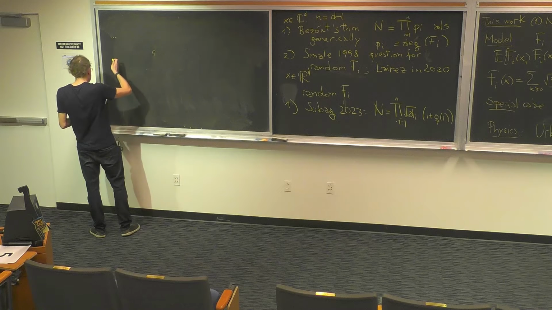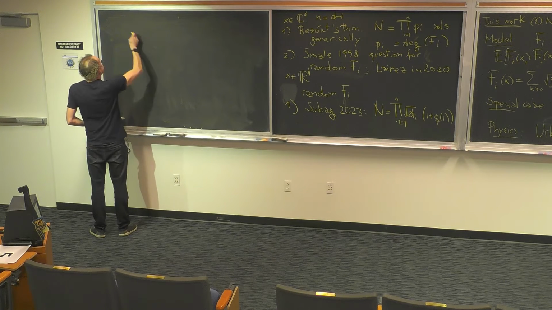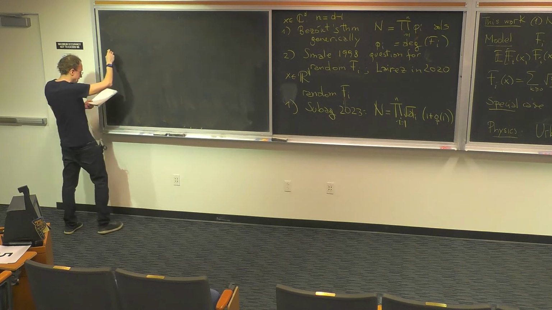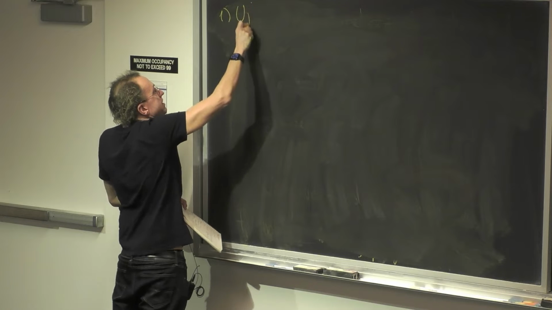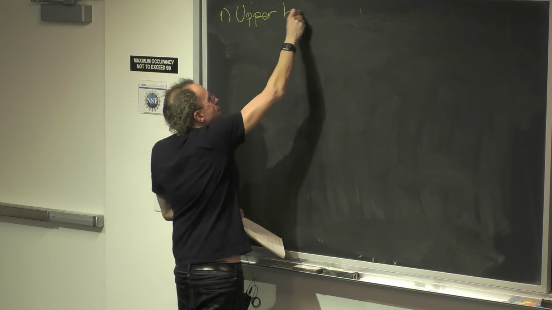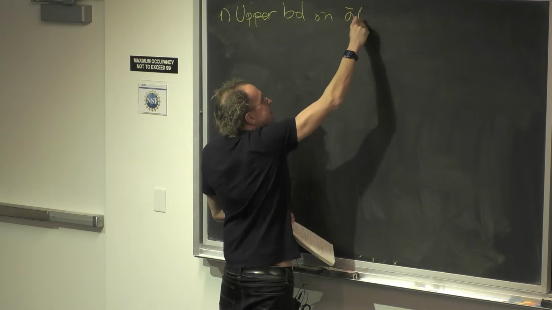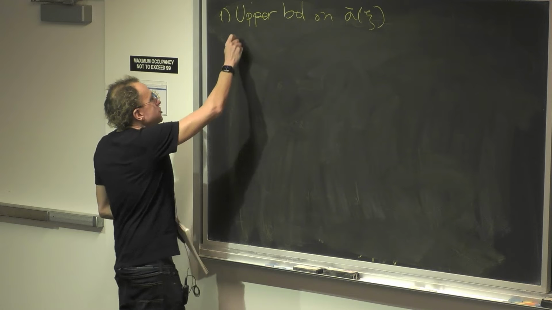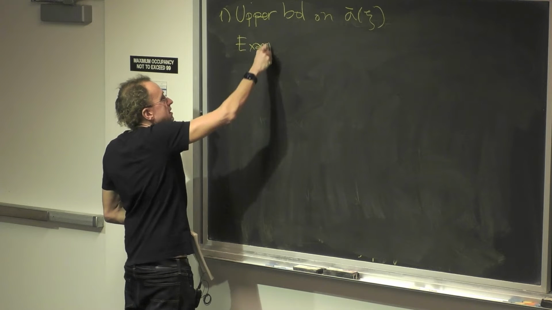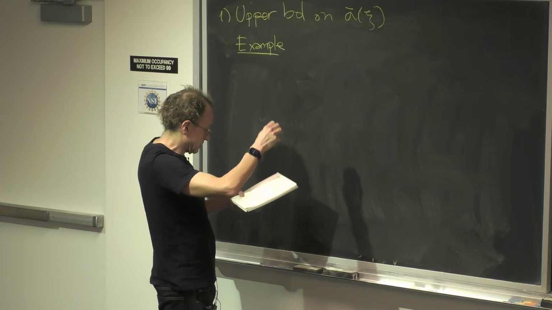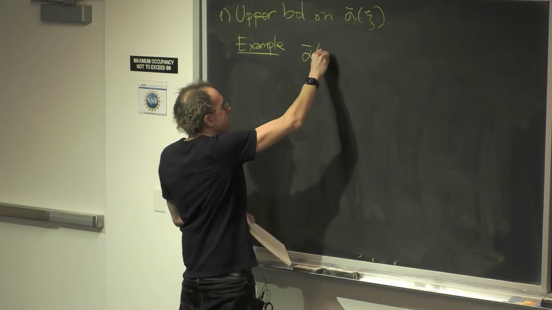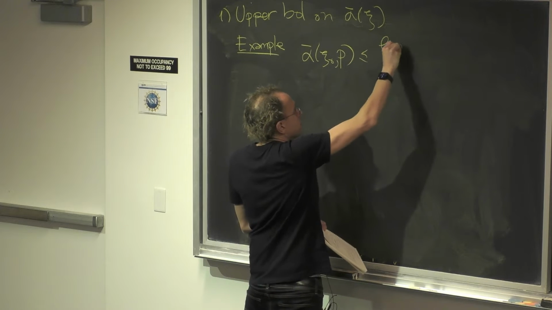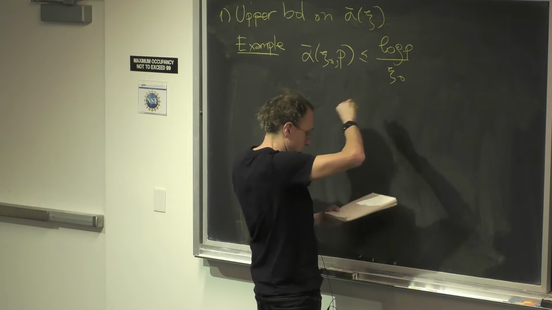Okay, so first, we have some results about these thresholds for existence of solutions, but I will not spend much time on them. We have an upper bound on alpha bar of psi, and I will not write it formally, but I will just write it in the case of the example that I wrote there. In the example, this gives me alpha bar of psi 0 in P is less or equal than log p over xi 0.